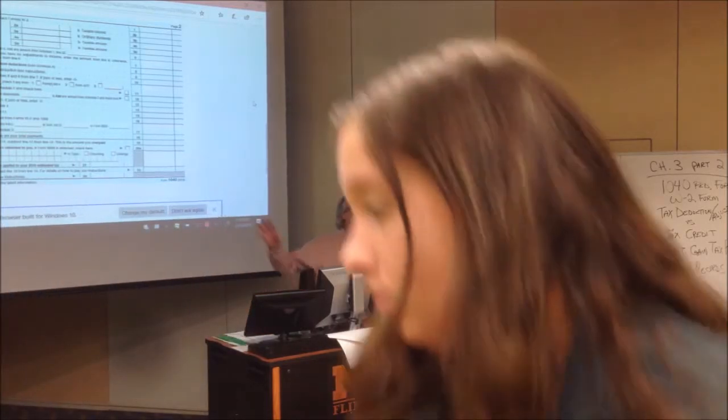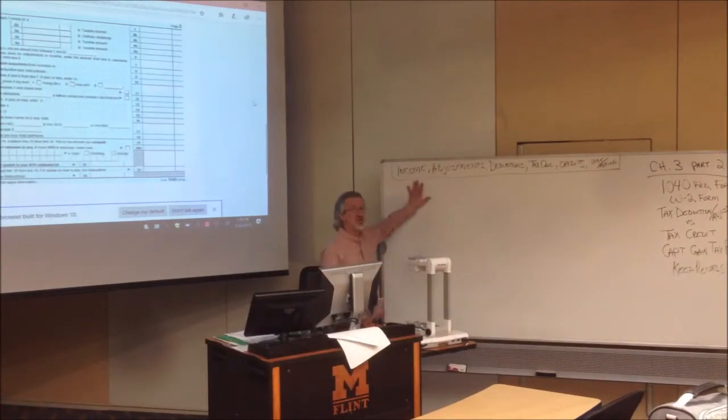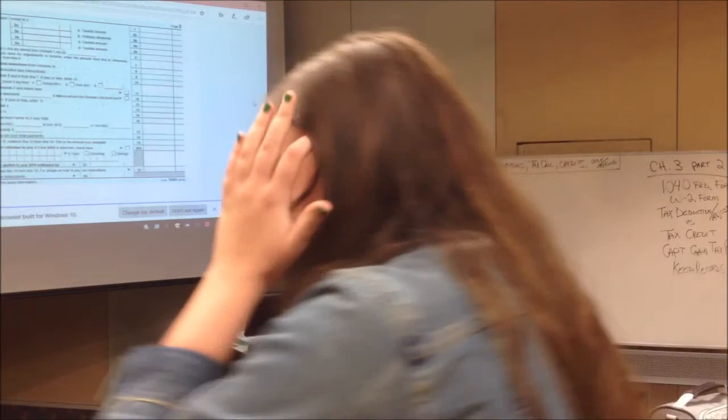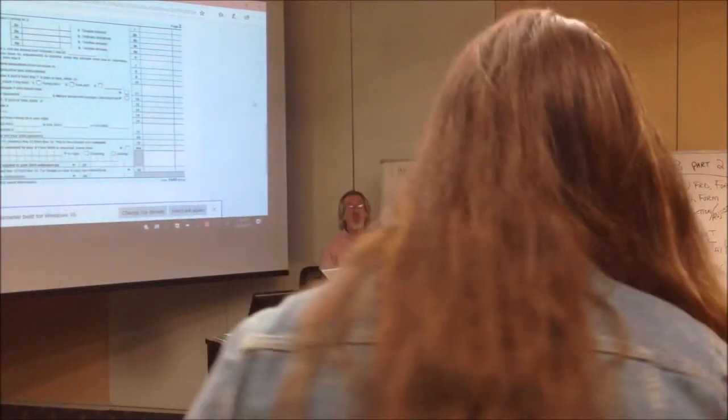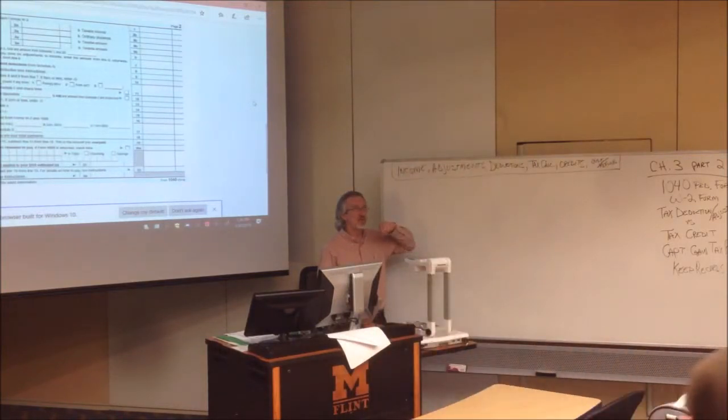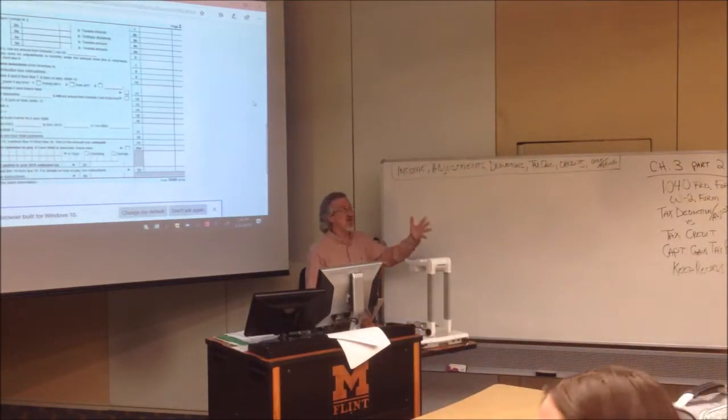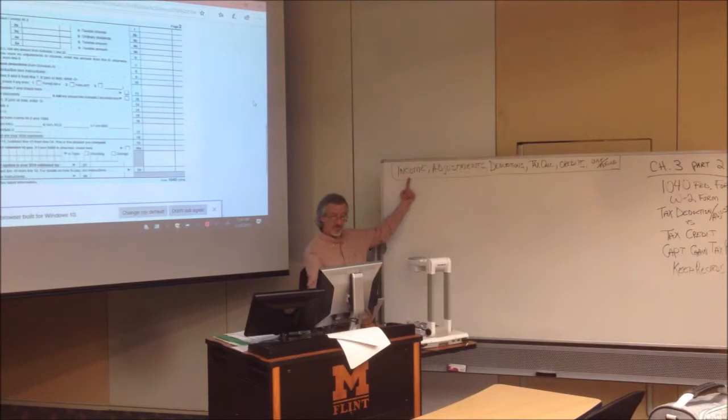But this form right here, page 2 of the 1040, here's the order. You need to make sure you're aware of this, because you have questions in your future that say, what's the adjusted gross income? What's the taxable income? What's the itemized deductions? So you got to know how it all fits together. The first part at the top is the income part.